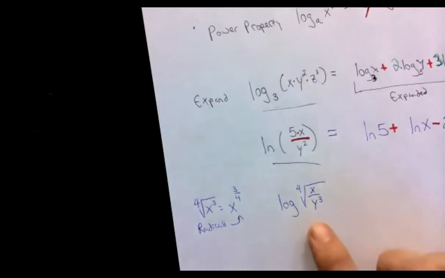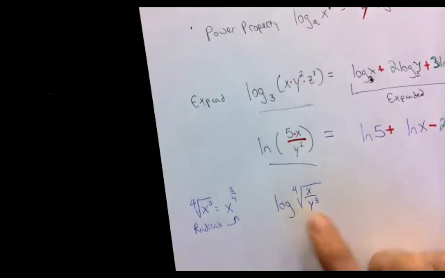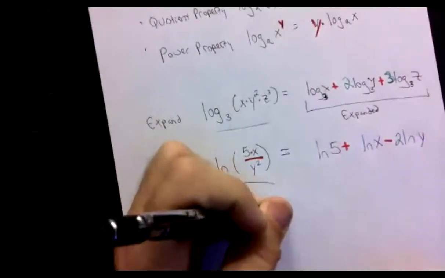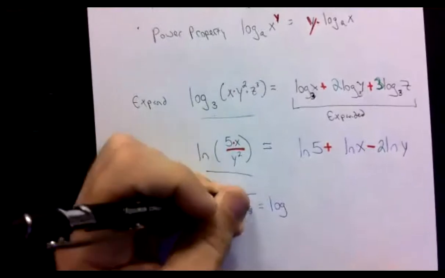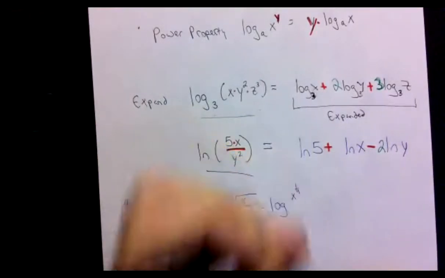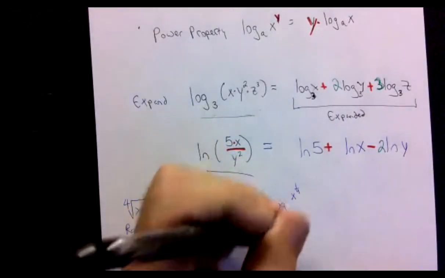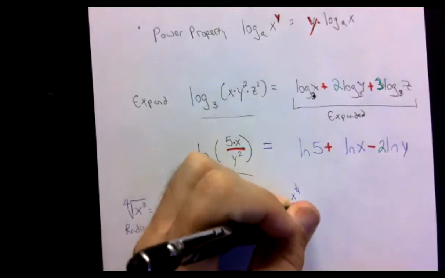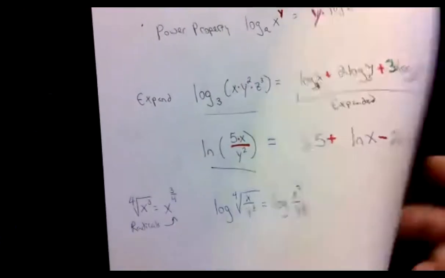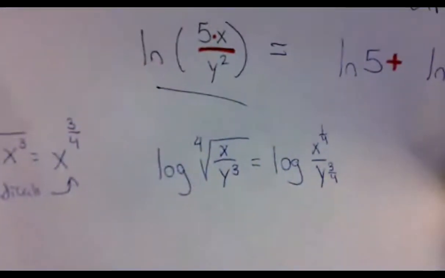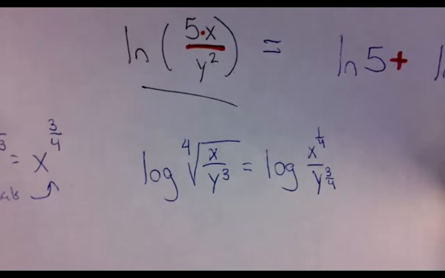So before we can even get started, we need to rewrite these using fraction exponents. So this is going to be log of x to the 1/4 power over y to the 3/4 power. Realize I wrote that pretty small.